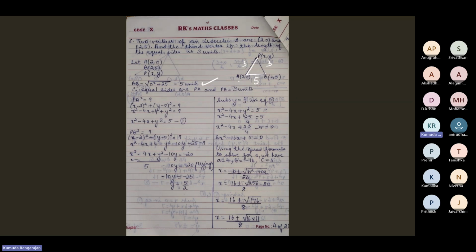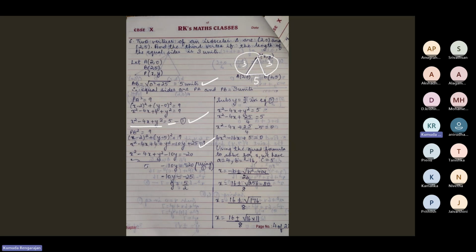PA square. PA is equal to 3. PA square is equal to 9. PB is equal to 3. PB square is equal to 9. And we know how to apply the distance formula and find PA square and PB square. So PA square gives you this equation. PB square gives you this equation. But in this, you know that x square minus 4xy plus y square is equal to 5.